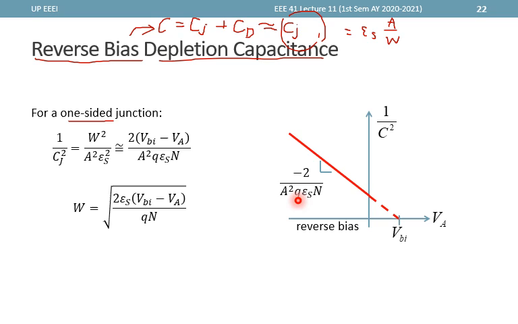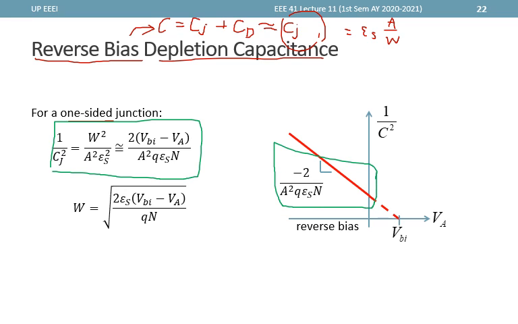Okay, and we can also approximate the built-in voltage as the x-intercept of this line. However, note that this equation right here is only valid at this portion where Cj is dominant.